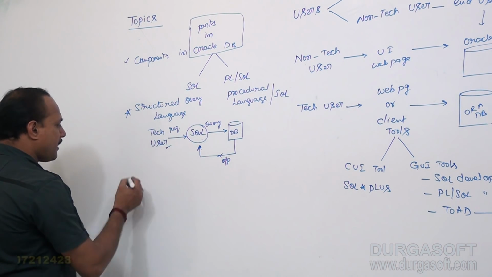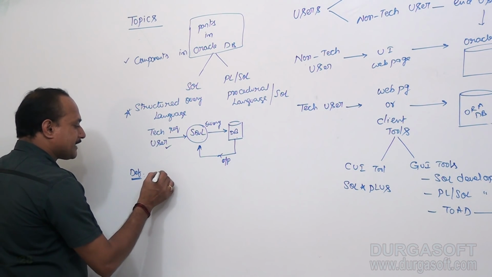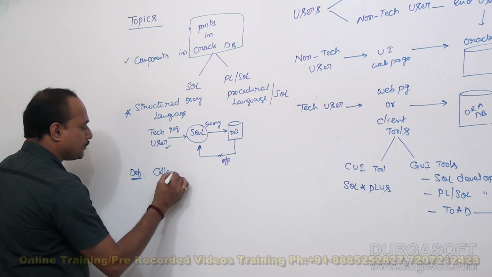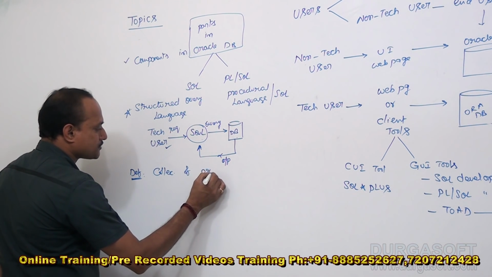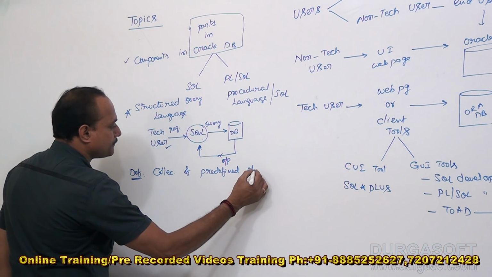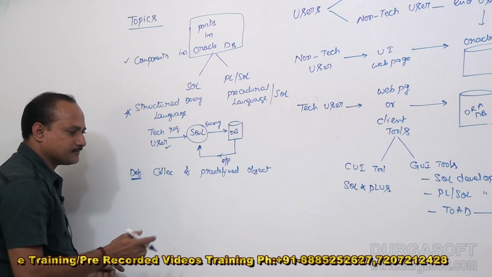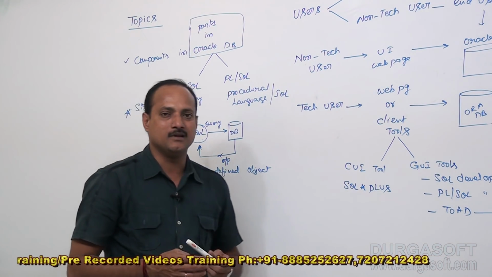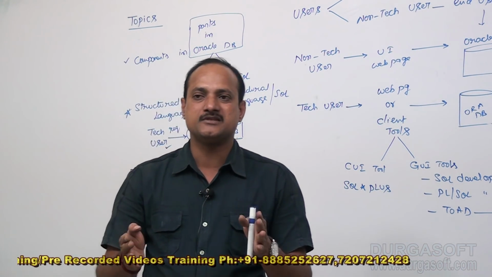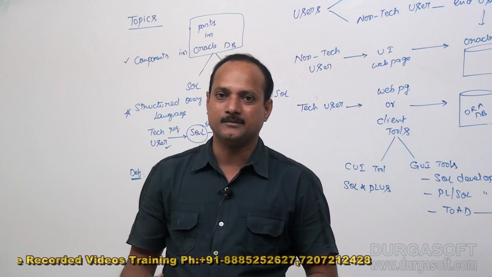Then, how can I define SQL? It is a collection of predefined objects. What is meant by predefined object? All objects are predefined. If you want to create a table, it should be created as a two-dimensional table structure.